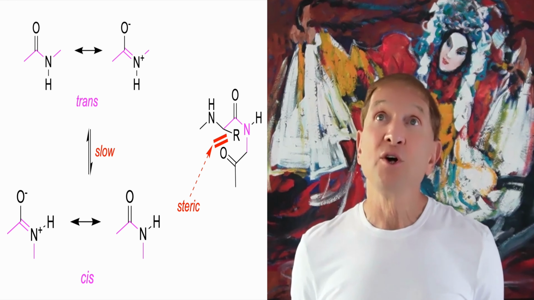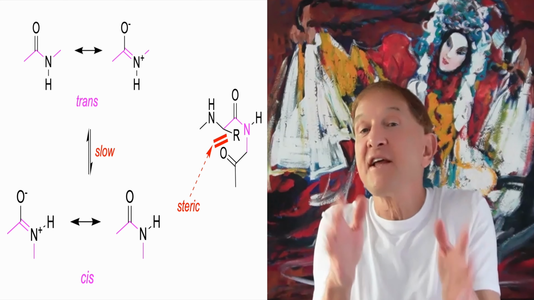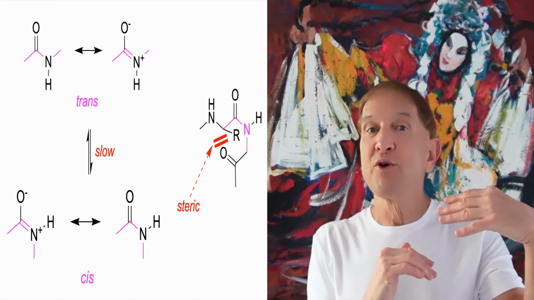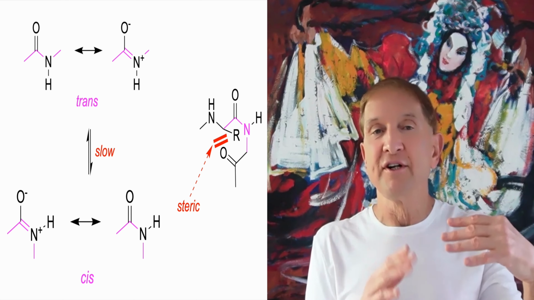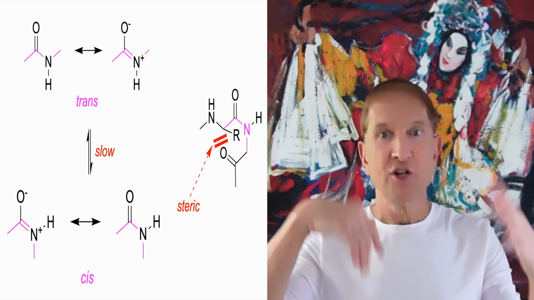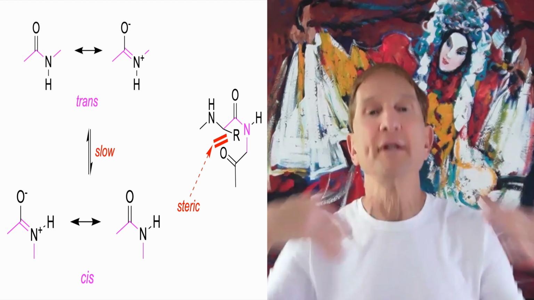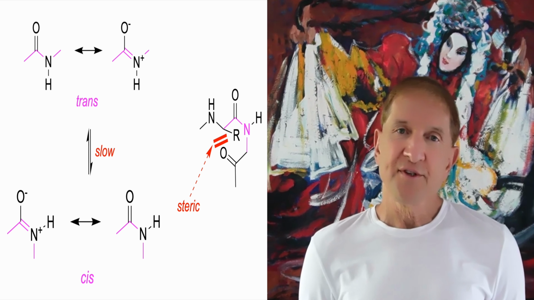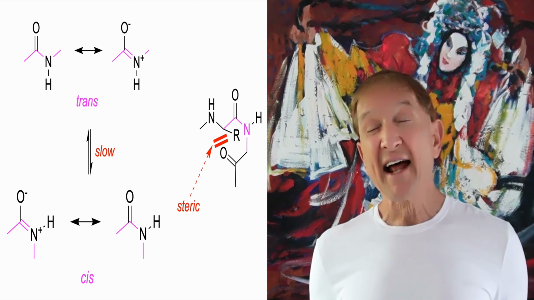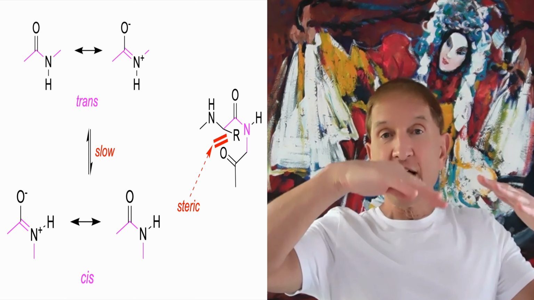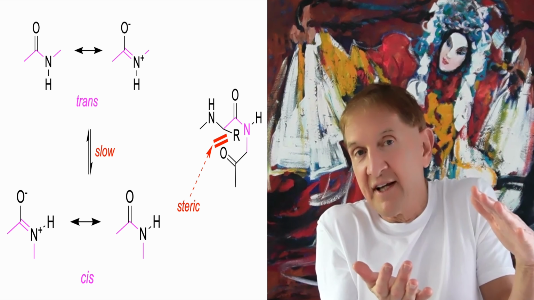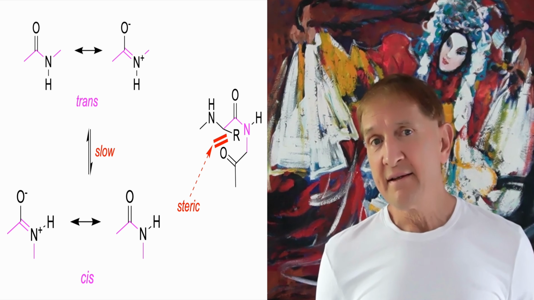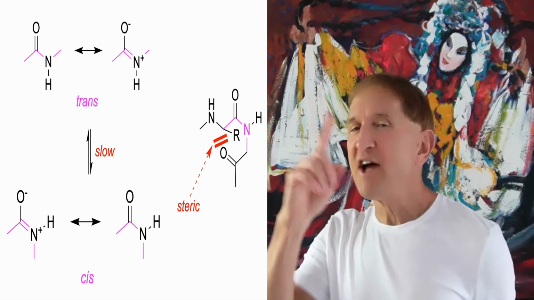For stereoelectronic reasons, steric and electronic, cis amides in peptides and proteins are far rarer than trans amides. Trans amides predominate. You can imagine in protein and peptide sequences, sometimes it's an advantage for the main chain to loop back on itself. And then a cis amide bond might be desirable. Nature has a plan for that.